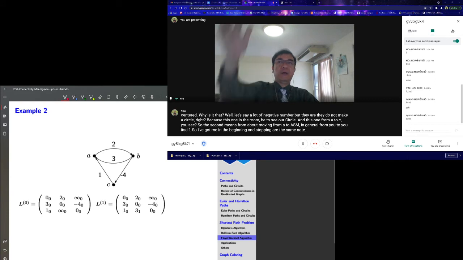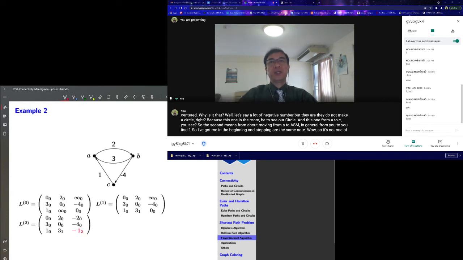So example number 1 does not have a negative circuit, but in the last one here, you move from C to C, the last row and the last column, and we discover a negative circuit in the matrix L2.